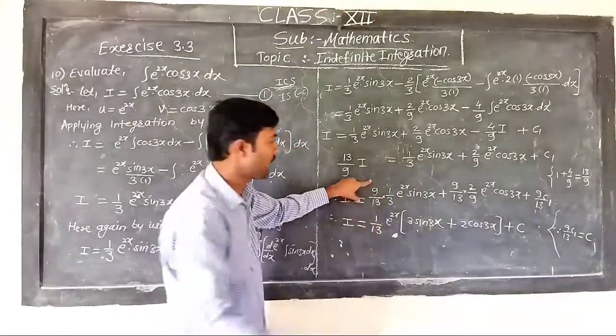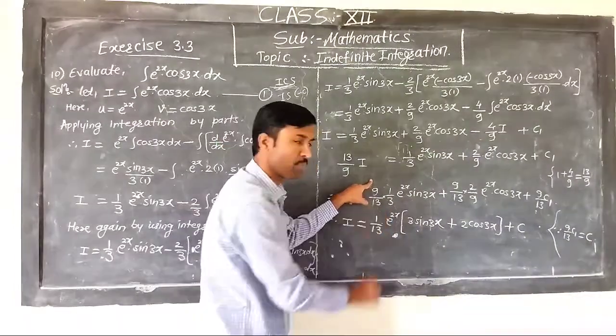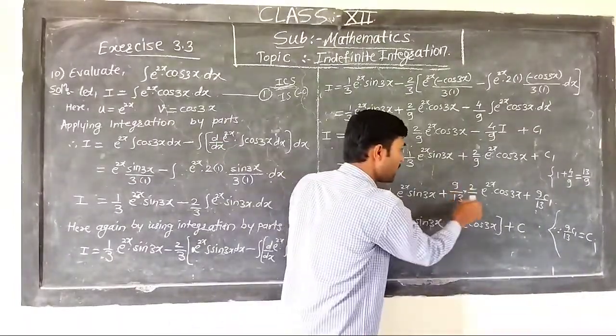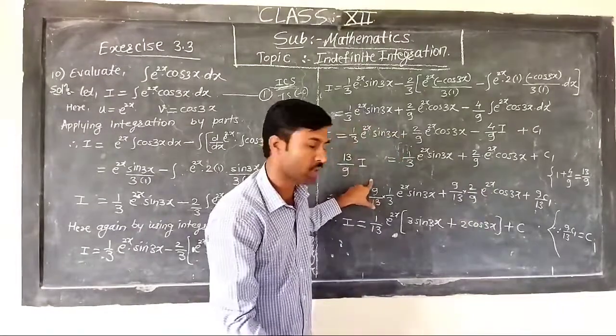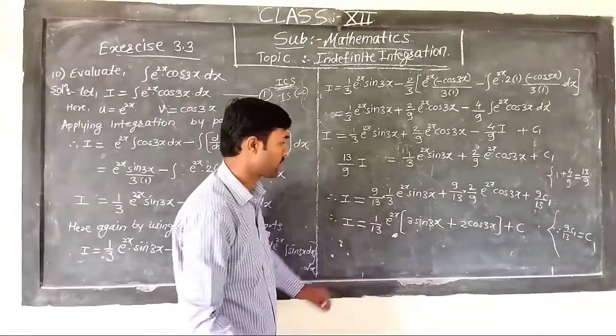But friends, if you observe, here 1 upon 13 into e raised to 2x is also in this first term, and 1 upon 13 into e raised to 2x is also in the second term. So I take that term common, 1 upon 13 into e raised to 2x.